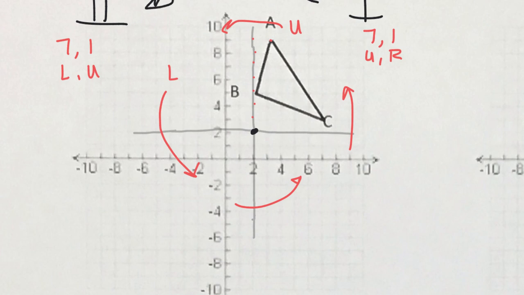So if we go up 7 and right 1 and do a 90-degree rotation, that means we're going left 7 and up 1. 1, 2, 3, 4, 5, 6, 7, 1. Great, right over my line there. So this is where your new A prime is from your origin. Remember, we're counting from here. That is our point that we're counting from right now.